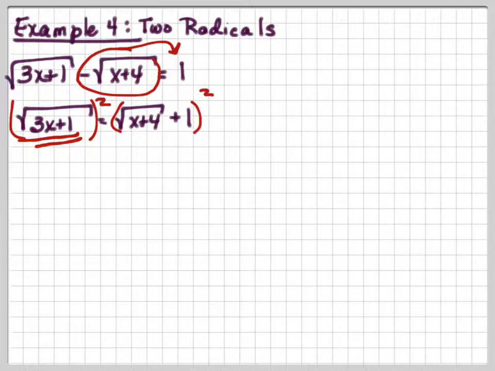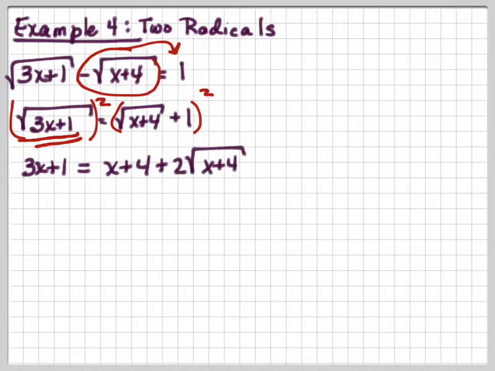When I square a square root, I just take the radical sign off of it, so I'll have 3x plus 1. The right-hand side is a binomial expansion, so we square the first term, which gives us x plus 4. We multiply the two terms together and double them, which is going to give us plus 2 times the square root of x plus 4, and we square the last term, plus 1.